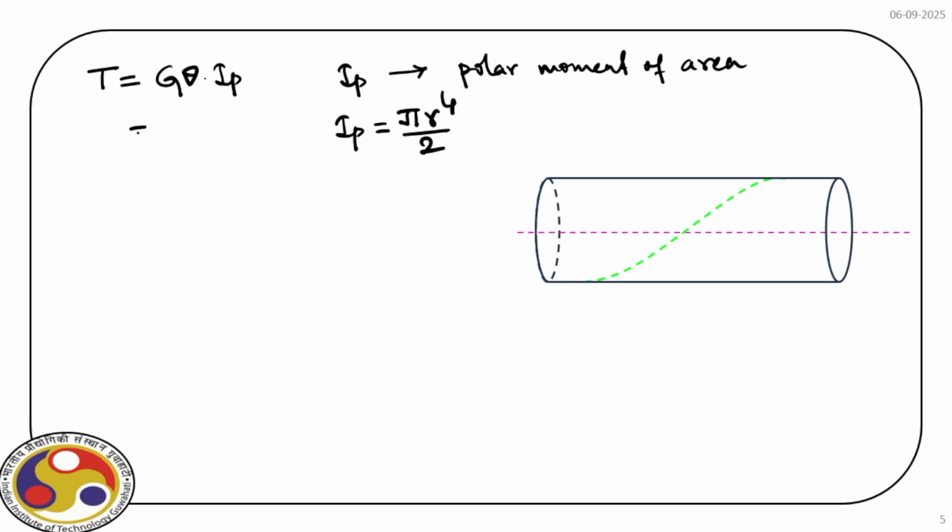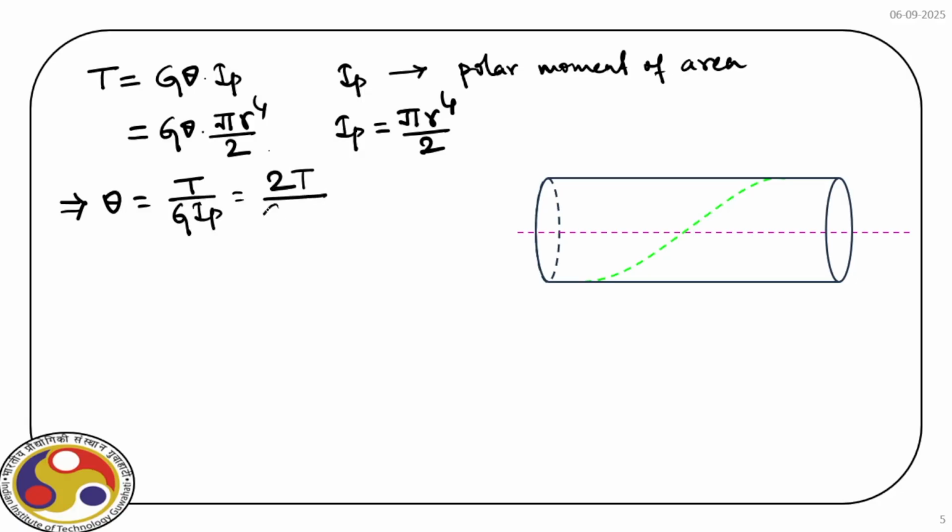So what we have here, G theta, in place of IP we can write pi r to the power 4 by 2. So we have theta, which is equal to T by G times IP, and for circular cross section it is 2 times T divided by G times pi r to the power 4.